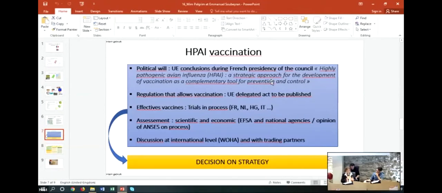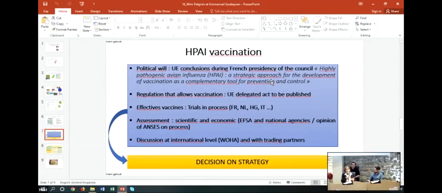And so what is very important is that we have multilateral and international exchanges, as today, for example, but also the one we had at the 30th conference in Qatar for WOAH, and there will maybe be some discussion at the general session this year. And also we need to have a discussion with our trading partners. It is very important, because we need to understand their expectations and their requirements.